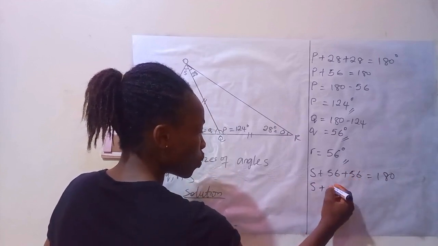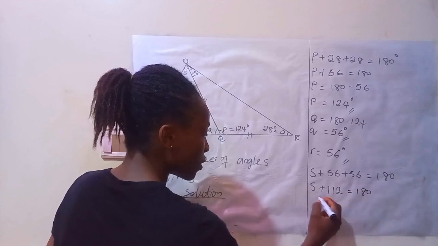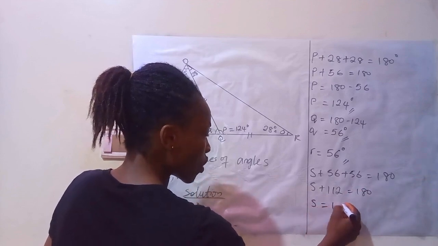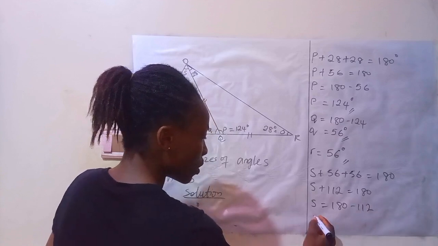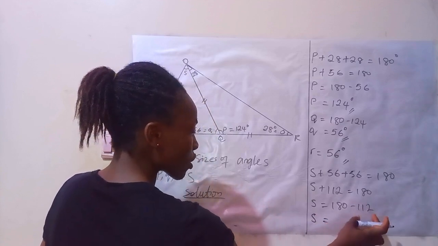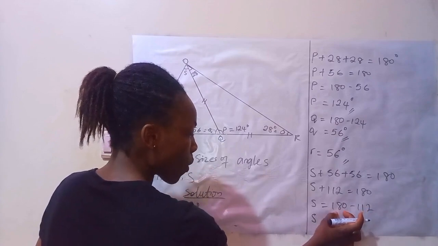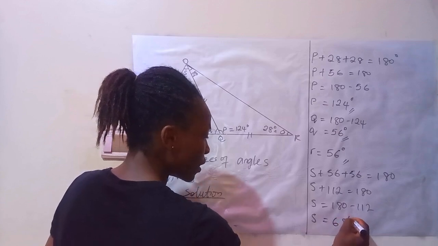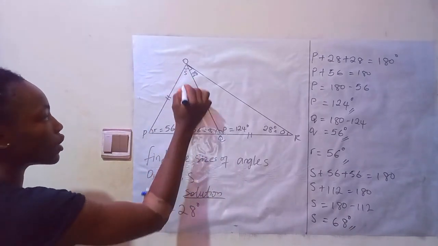Adding these two, we have 112. S equals 180 minus 112. Subtracting 112 from 180, we get 68 degrees. So the value of our S is 68 degrees.